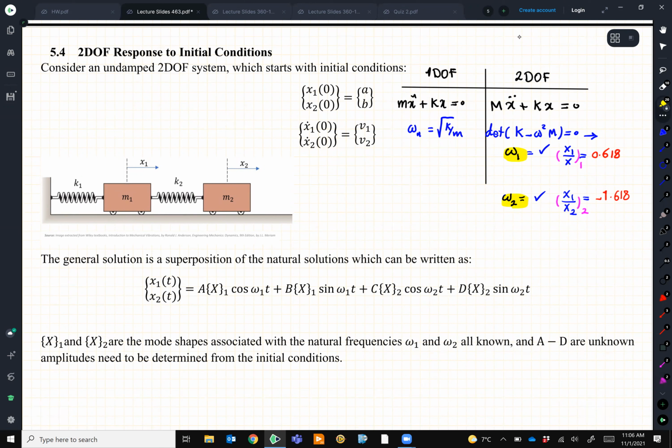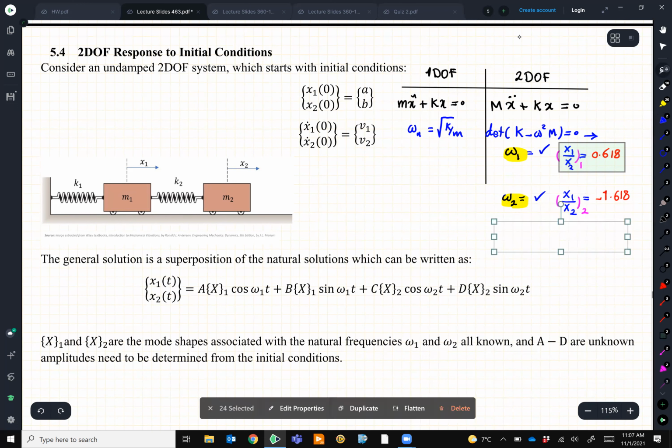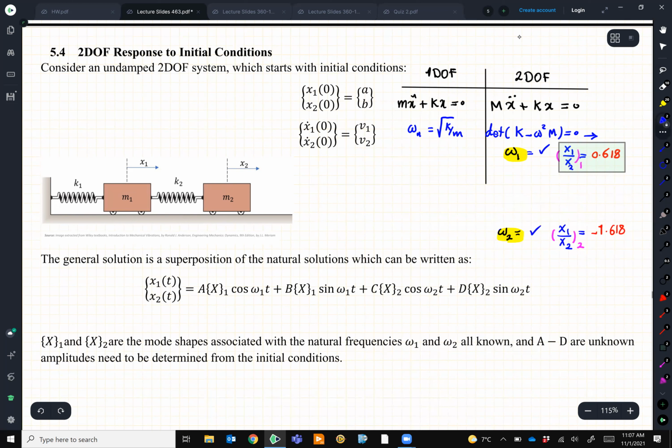One more thing that we do to make our life easier for later calculation. So let's take a look at only x1. So this is x1 and this is x2. x1 over x2 is a ratio, right? So what I will do, I will choose an arbitrary number for x2 or for x1.